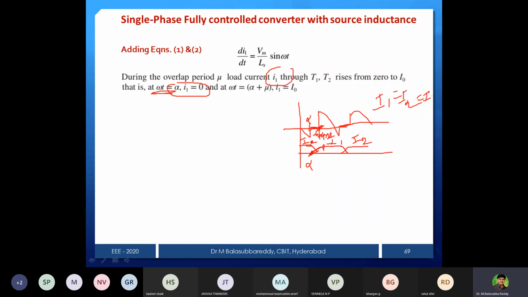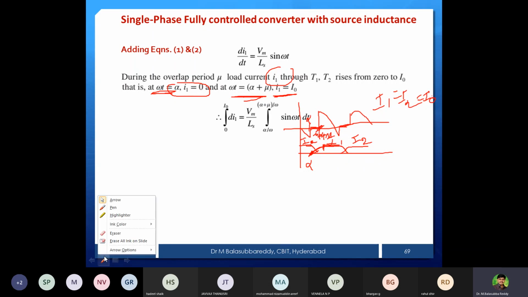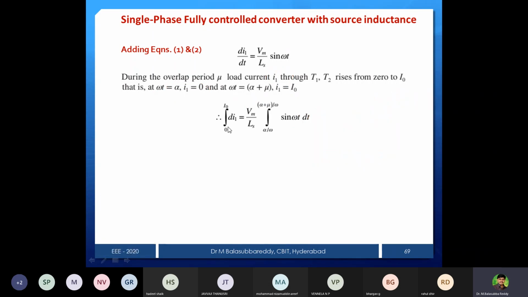The current reaches I1 equal to I0, so all the currents are the same. Therefore at alpha plus mu, I1 is equal to I0. Now you can integrate this portion with simple logic: the integral from 0 to I0, and if you use d omega t, you can directly integrate from alpha to alpha plus mu. This way you can also do it.